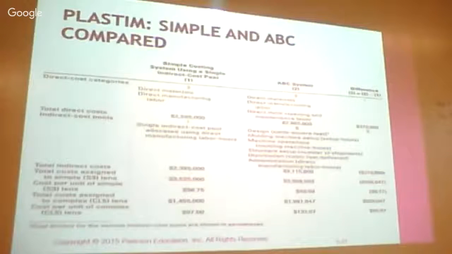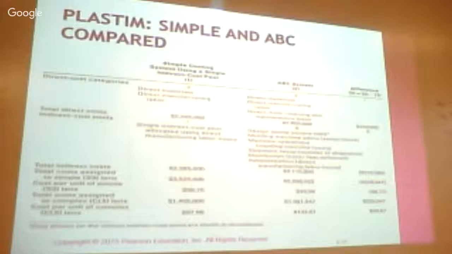So, direct costs didn't change, did they? Well, they did throw in the direct mold cleaning and maintenance labor, okay? That's the difference there. But they decided to get more specific on that. Indirect costs, we had the single cost pool, allocating using direct machine hours or direct manufacturing hours.